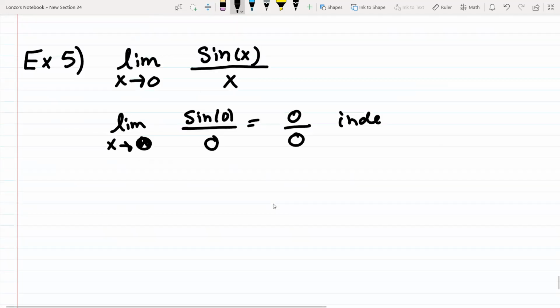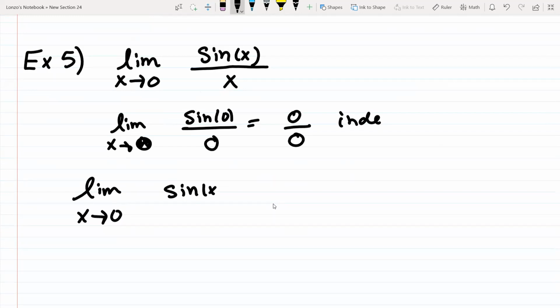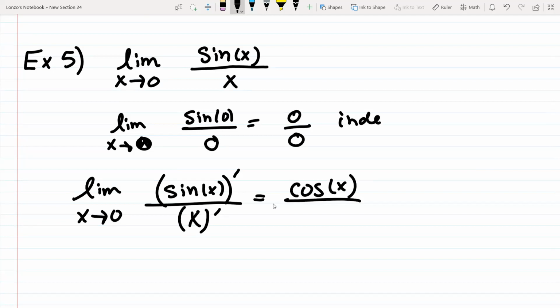So it's going to be the limit of the derivative of sine of x, which is cosine of x, over the derivative of x, which is 1.